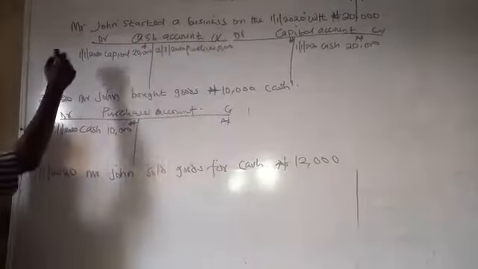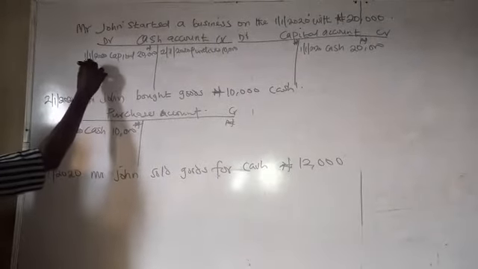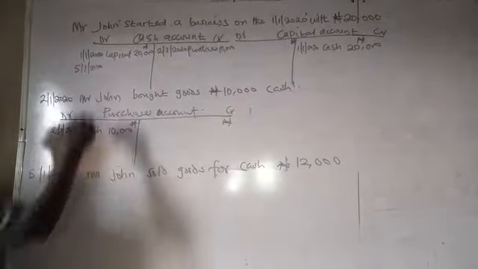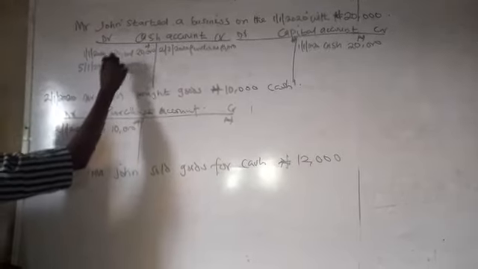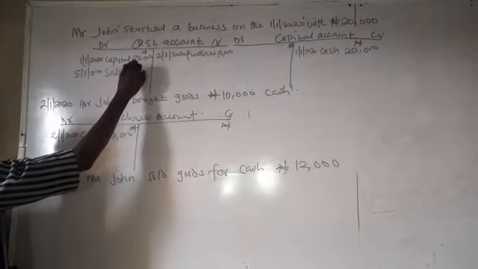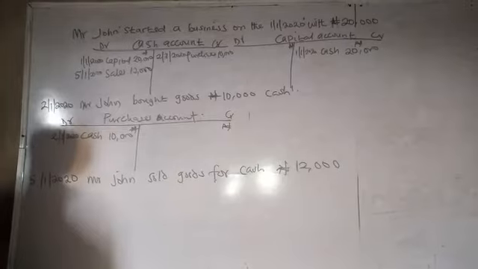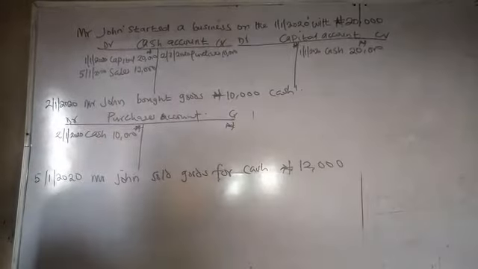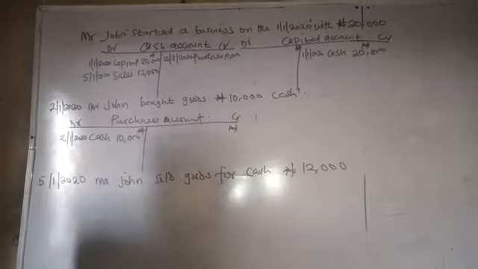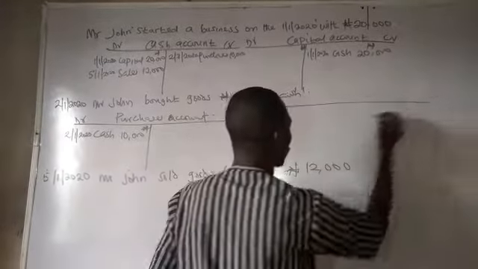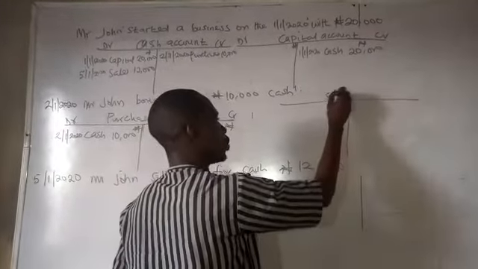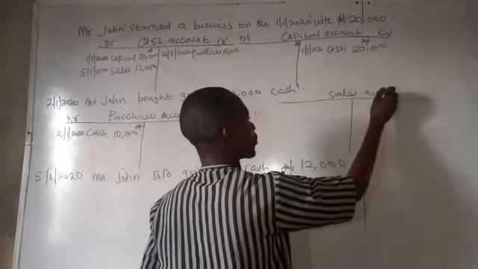He now comes here and says, on the 5th of January 2020, sales, 12,000 naira. Then do we have a ledger for sales account? No. Then we need to create a ledger account for sales account.